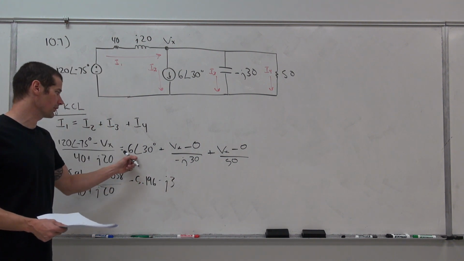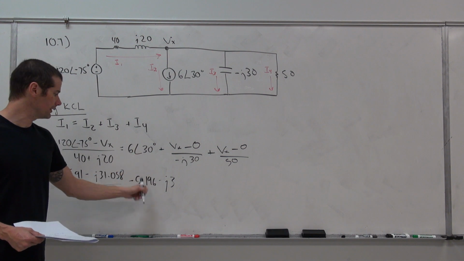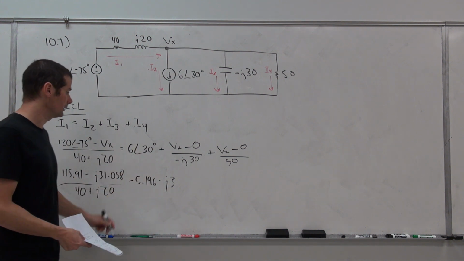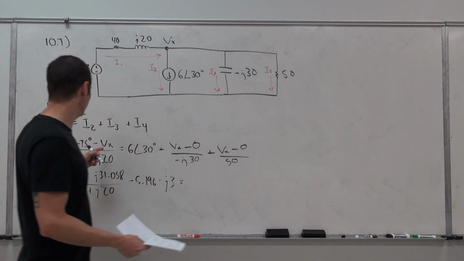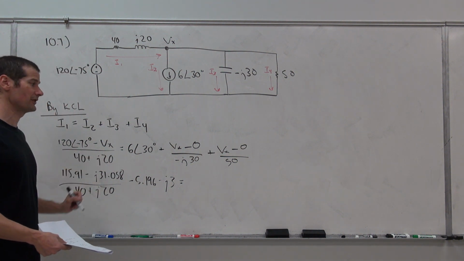Now all that is just a conversion of 6 at an angle of 30 degrees into its rectangular form. And then over here, all we did was take Vx divided by 40 plus j20 and move it over to the other side.